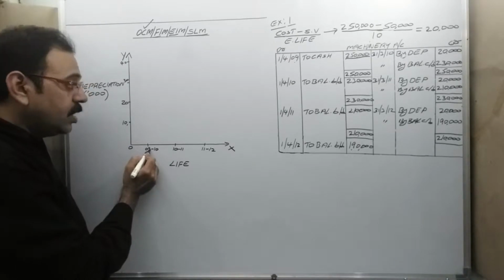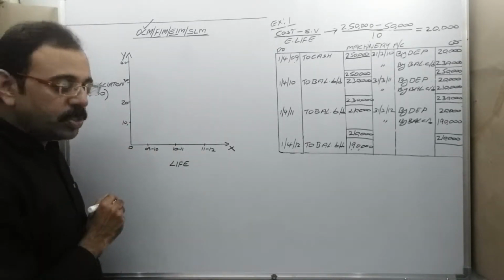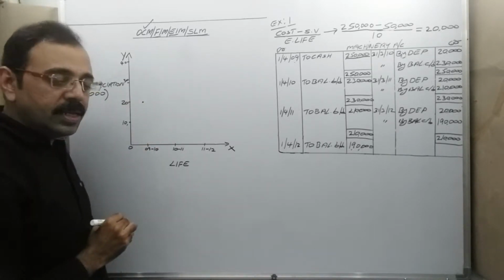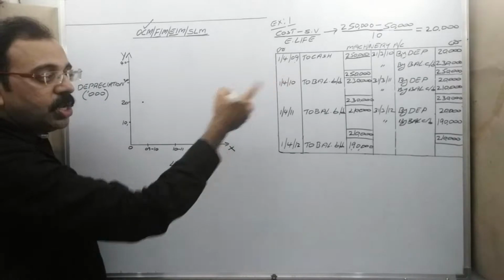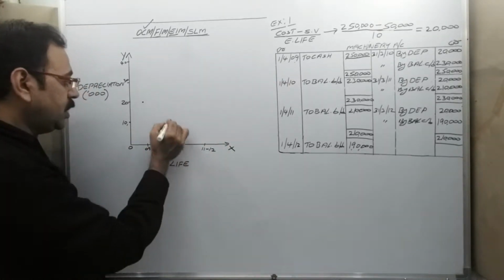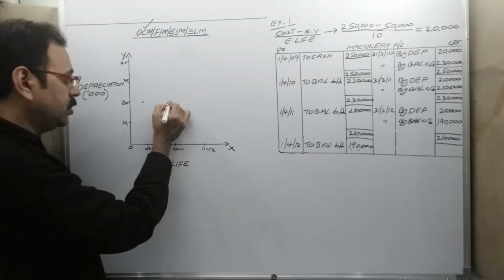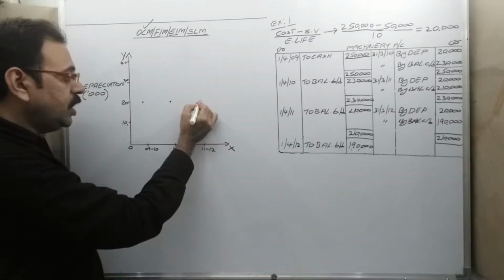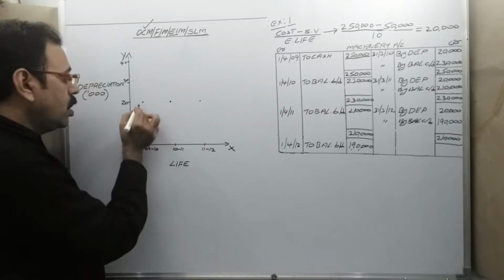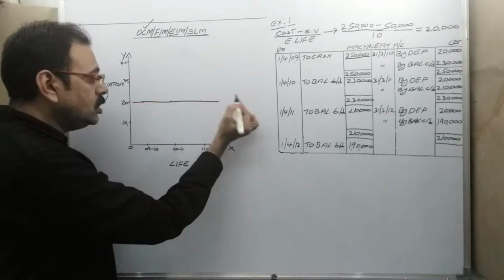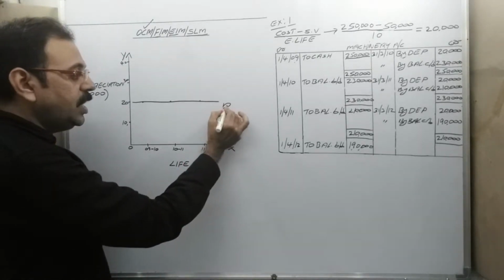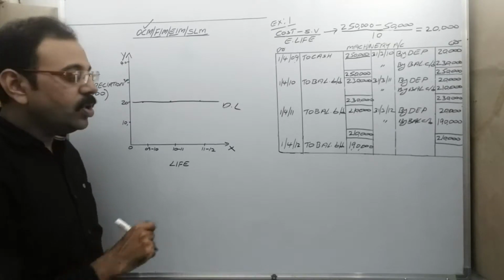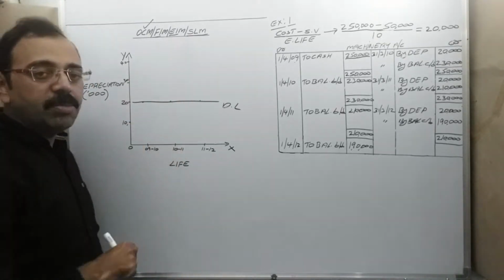In first year depreciation amount is 20,000 rupees now. So put a dot here. Then second year also depreciation amount is same. Then second year 20,000. Then third year depreciation is 20,000. Now join all these dots. How the depreciation line is? It is a straight line. It is not a curve. Therefore, this method is known as straight line method.